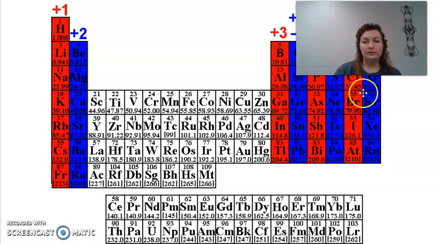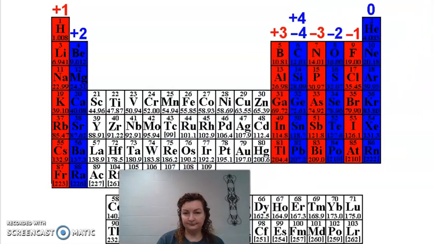So I'm going to show you a periodic table, and these give you the oxidation numbers at the very top. Now, not every periodic table has them, but if you understand them, you'll be able to write them in yourself. Notice this first column is group 1, which means that it has one valence electron.